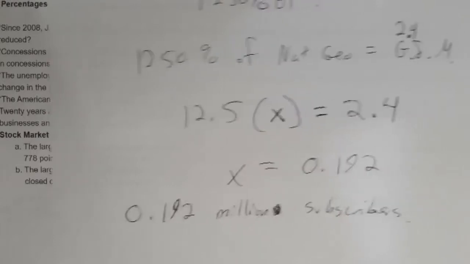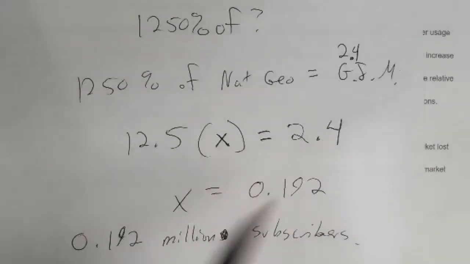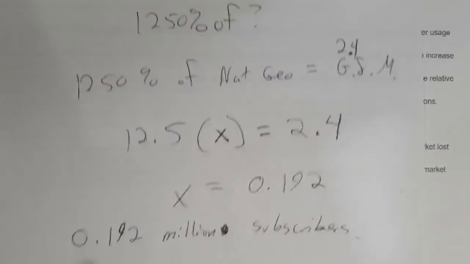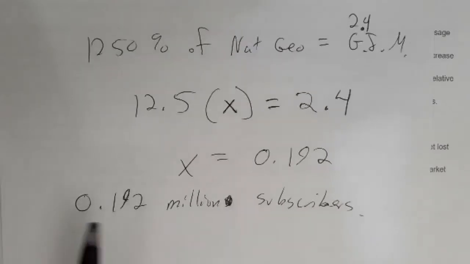If Game Informer is at 2.4 million and is 1150% more than National Geographic, does it make sense that this would be a really small number like 0.192? Hopefully those things make a little sense. If you end up getting a larger number for National Geographic, you probably know something went awry, or that was just a really good episode of National Geographic or whatever.